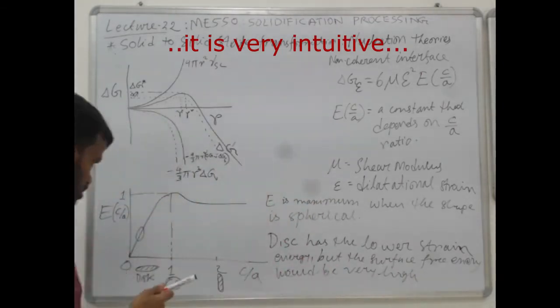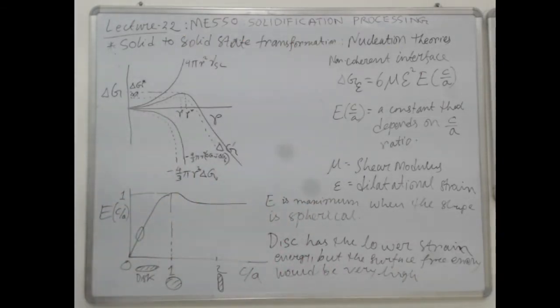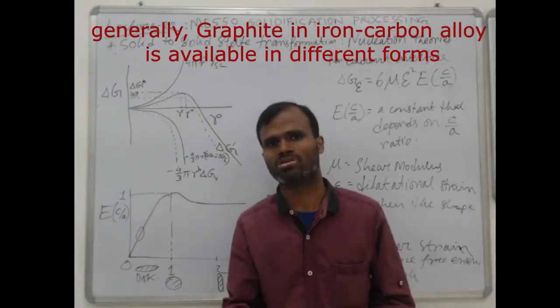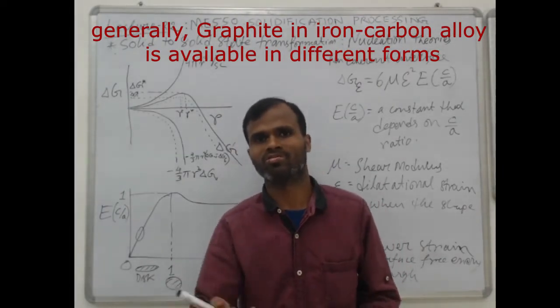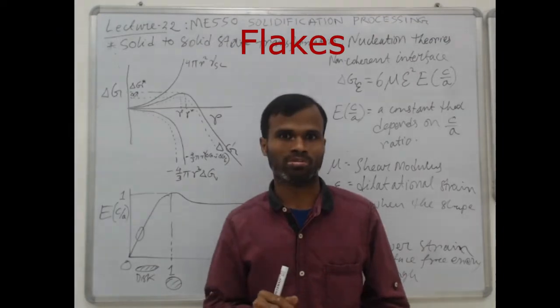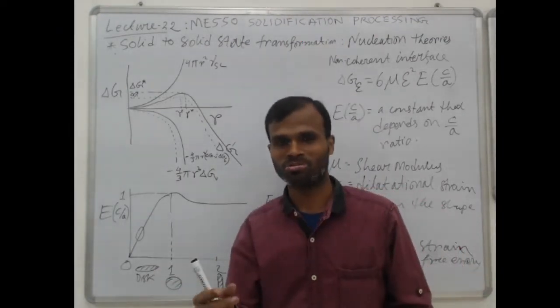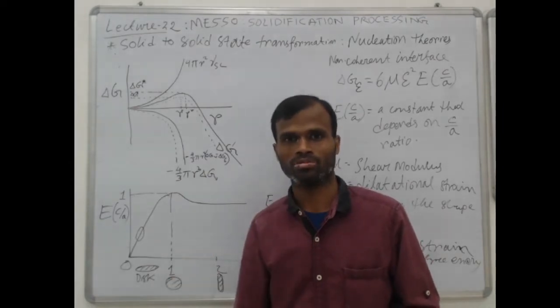It is very intuitive. The disc will have very high surface free energy. Generally, graphite in iron carbon alloy is available in different forms. Flakes is one form. So this tells you why graphite prefers to have a flakes form.